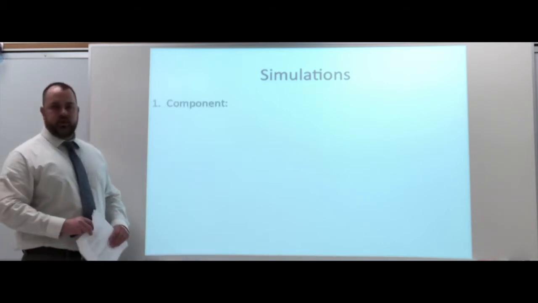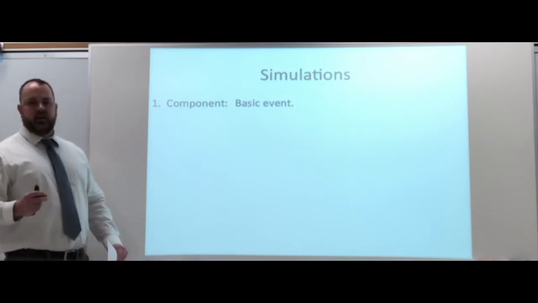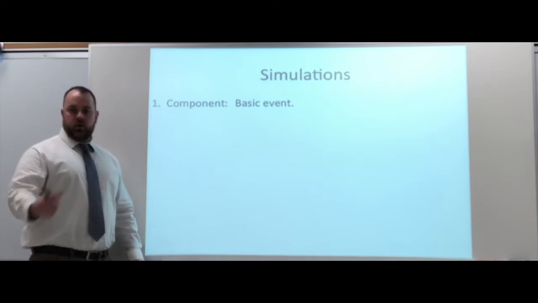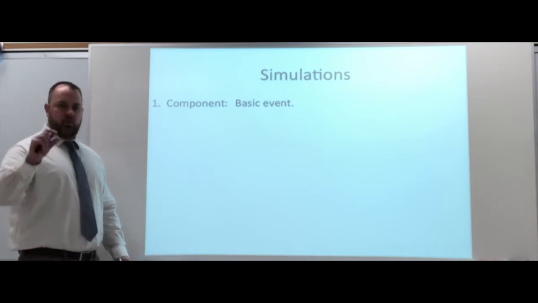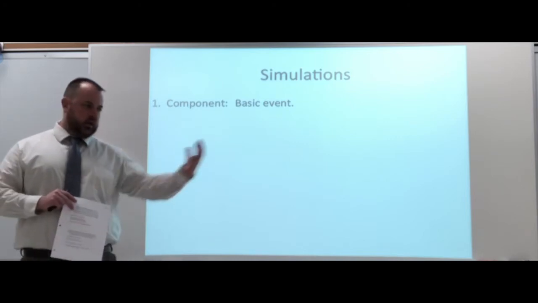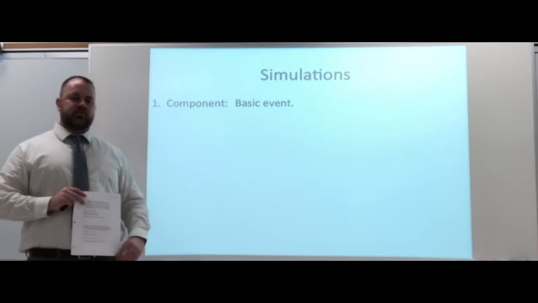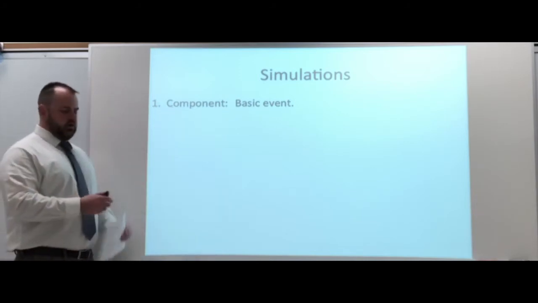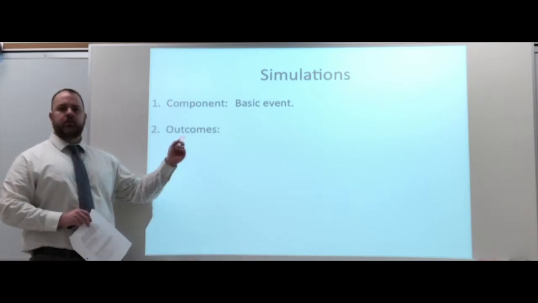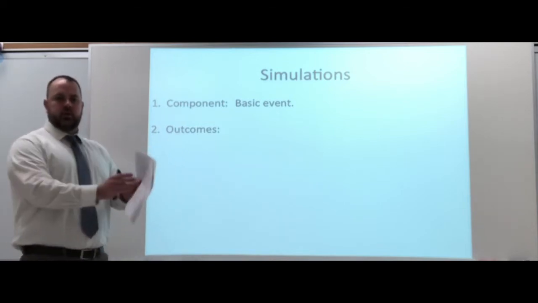Okay? One's the component. Okay? The component is going to be the basic event. Each number that we're calling up, each integer that we call up, what does that one number represent? So that's almost like the observational unit. Here's our one value. What does that one value represent? Now, component goes along with the outcomes. Okay? When I ask you for the outcome, I'm not looking big picture, I'm looking small.